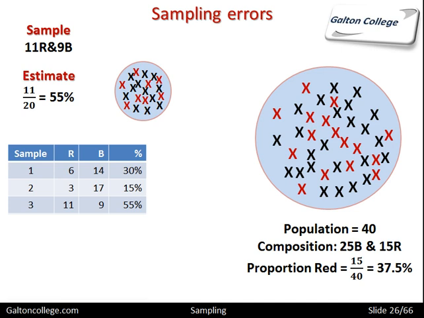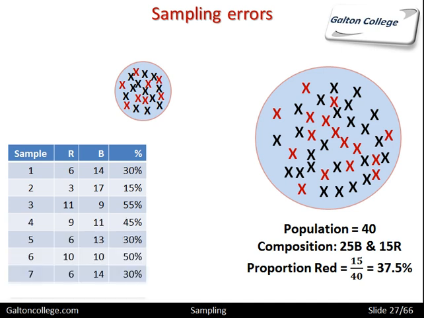If we carry on drawing out samples, let's say we take 7 samples, we might find those are the percentages. So what we really needed was 25 black and 15 red. Well, we've drawn out 20 on each of them. We should get the proportions here, but we're not getting anything like 37.5. If we take the average, we find it's 36.4.